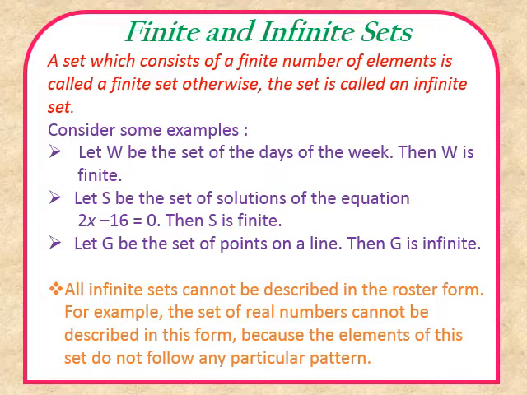Suppose I am writing 1, then root 2, root 3, then 2. There is no particular pattern involved in the numbers. That is why we never write real numbers in the roster form. Few real numbers can be listed, but the set of all real numbers cannot be described in the roster form. I hope I am clear. So pause and note down the points.